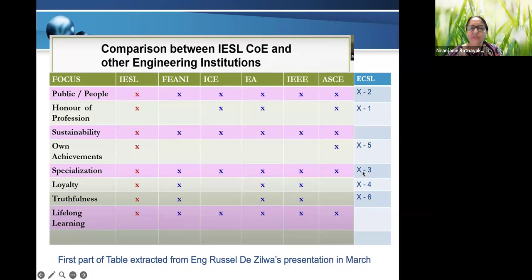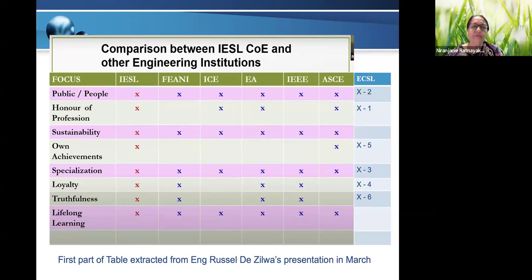Third one is about specialization. Fourth one is about loyalty. Fifth one is about own achievements. Sixth one is about truthfulness. So that's the summary of the Engineering Council clauses, the 6 clauses.